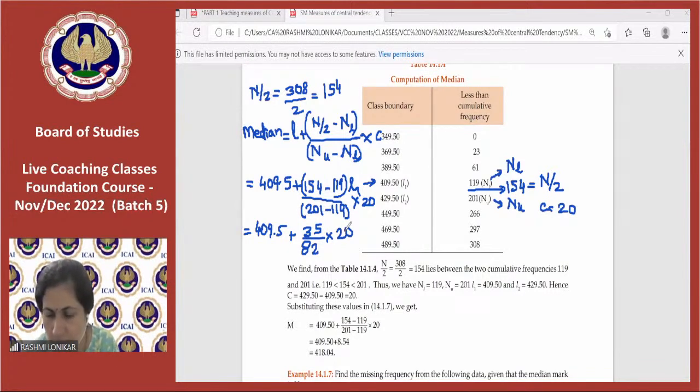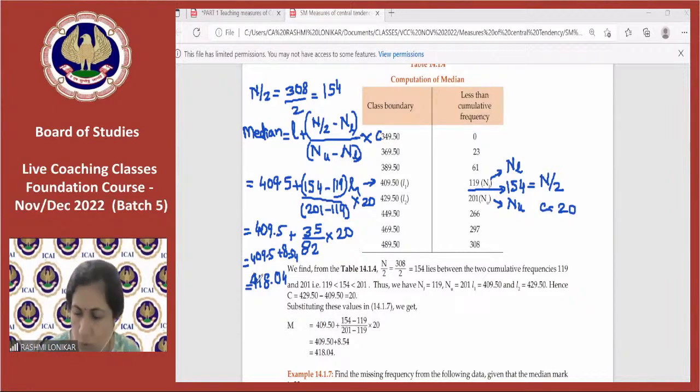So 35 into 20 divided by 82 is 8.54. 409.5 plus 8.54 is equal to 418.04. Okay, 418.04 will be your median.